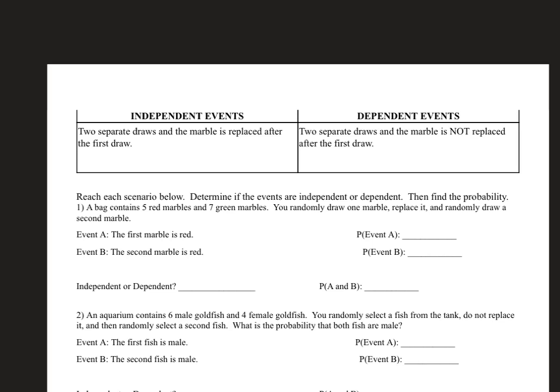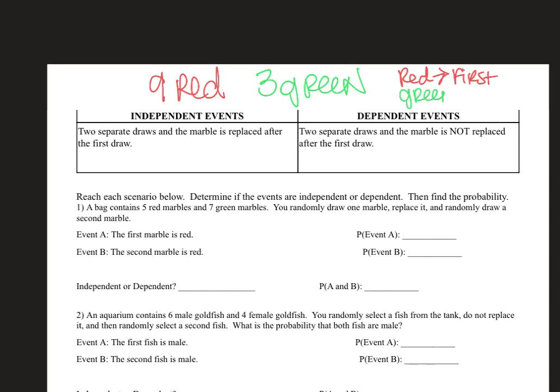Okay, so it says I have 9 red and I have 3 green. Okay, so I'm going to find the probability of finding, so this is I need to find red on the first draw and I need to find green on the second.